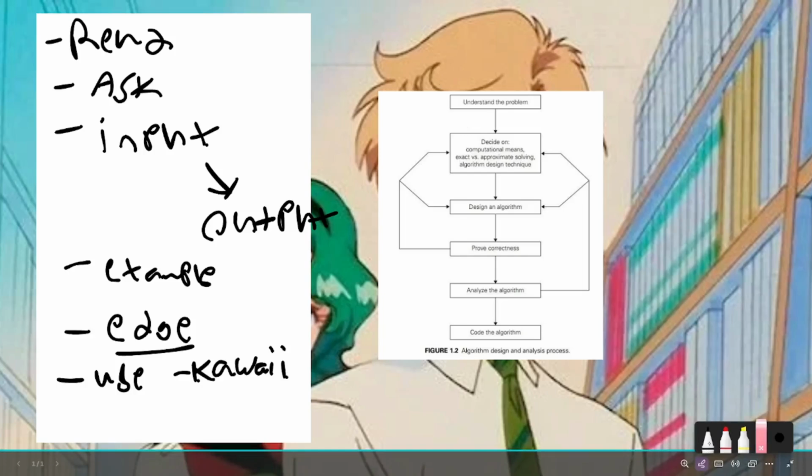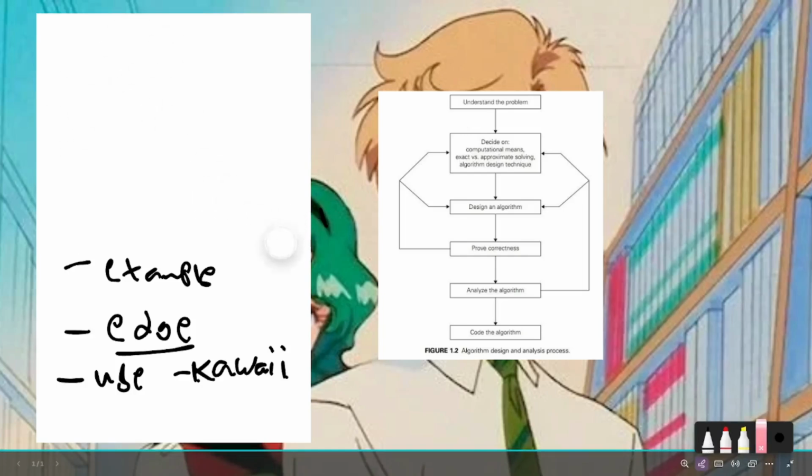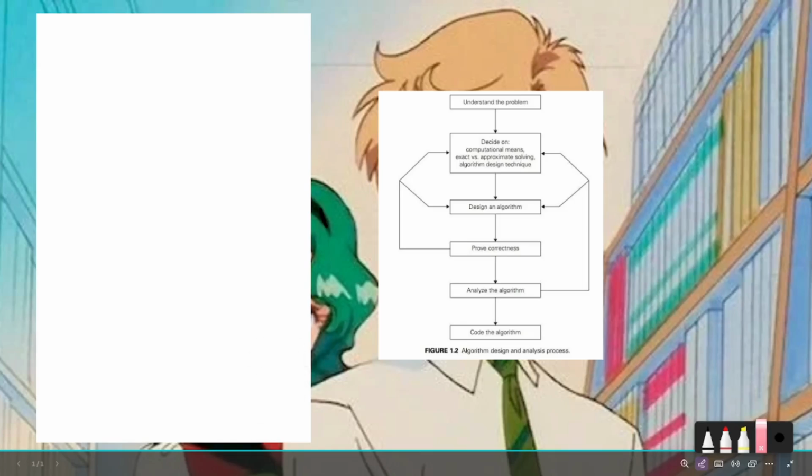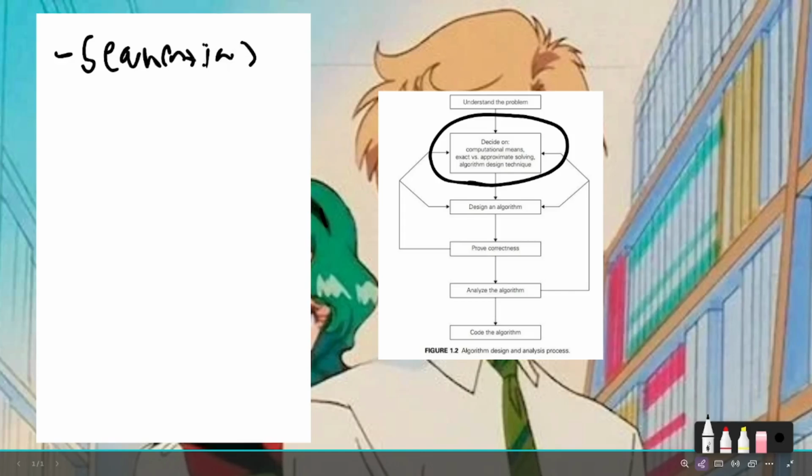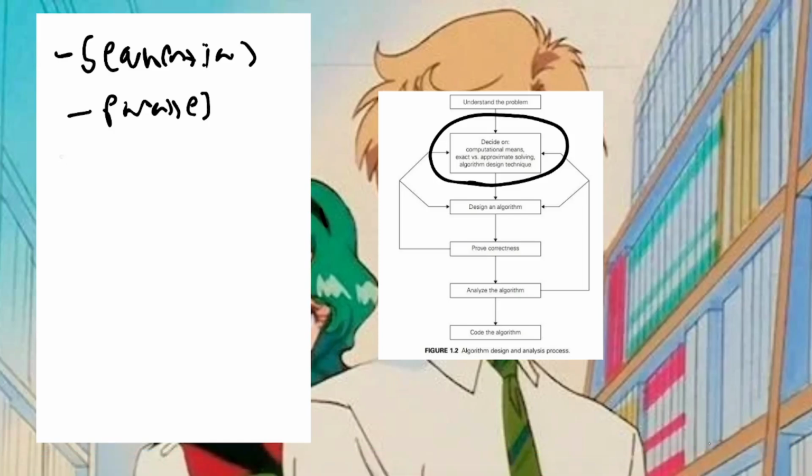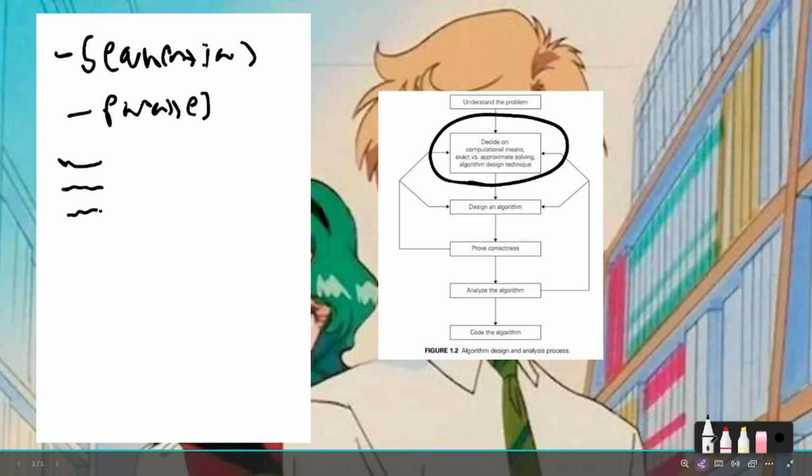One sec, let me erase. We're going to move on to deciding computational means. So that's basically talking about, are you going to be sequential in your algorithm, or are you going to be parallel? Now, most of the time you're going to be sequential, which means you're going to be going down a list of instructions one after the other.